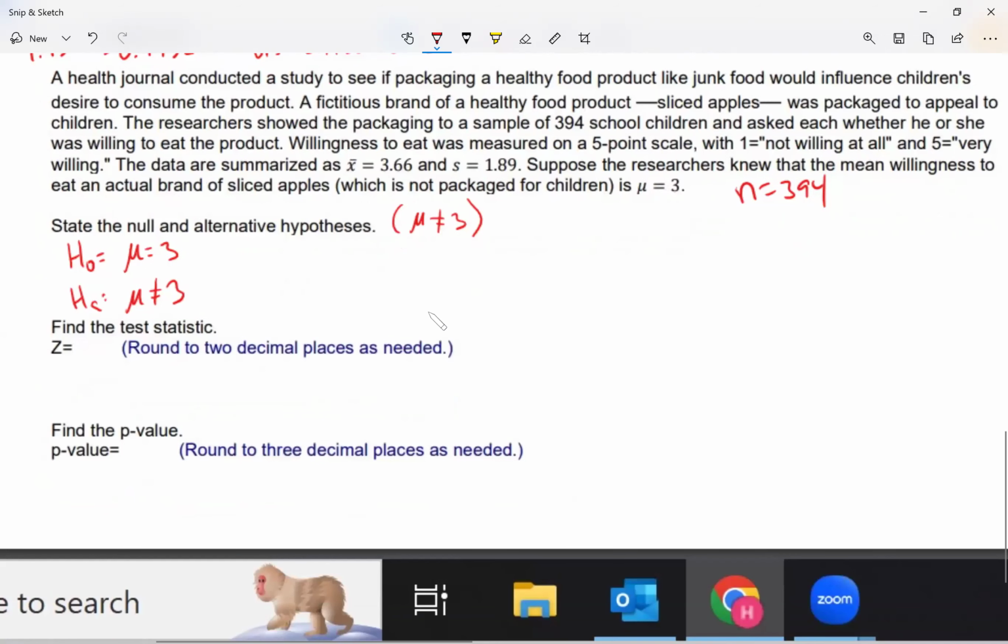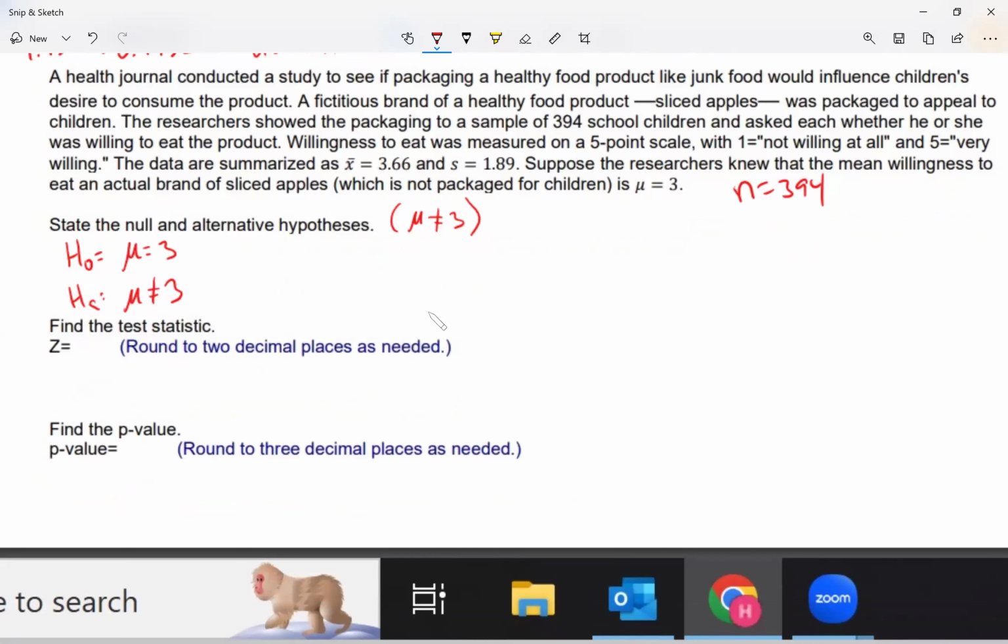Now let's find the z statistic, the z score, from our test statistic. I know that my x bar, I have to go x bar minus mu, divide this by the standard deviation. Sometimes I use sigma, sometimes I use s, depending on what I'm looking at. So my standard deviation divided by the square root of n.